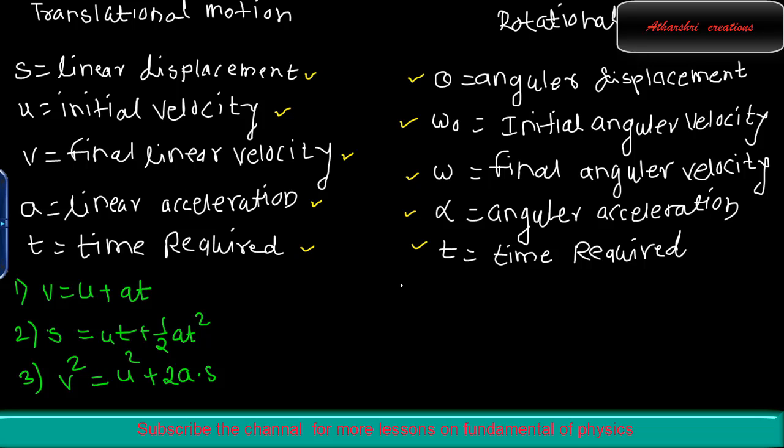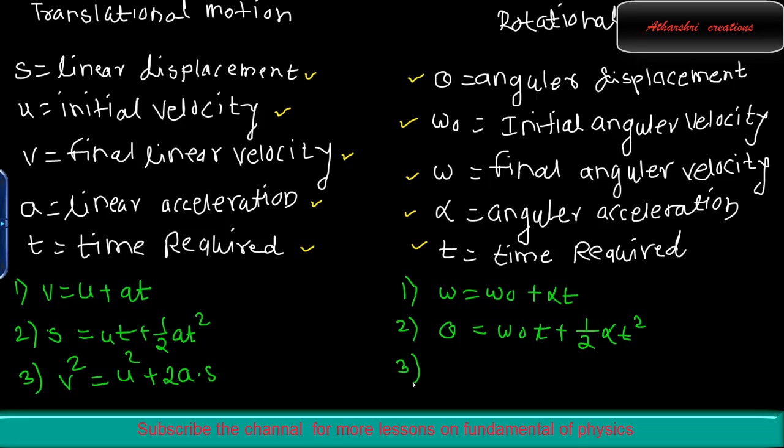The analogical kinematical equations in rotational motion are, see, the first kinematical equation is omega, which is equal to omega 0 plus alpha into t, by replacing the corresponding analogical quantities in translatory motion. Second is theta, which is equal to omega 0 t plus 1 half alpha into t square.